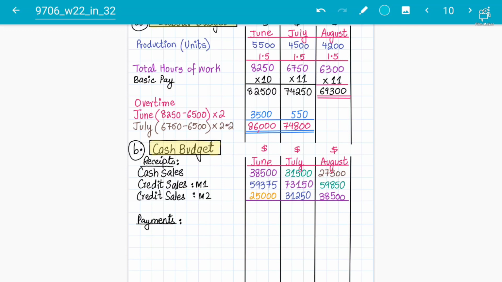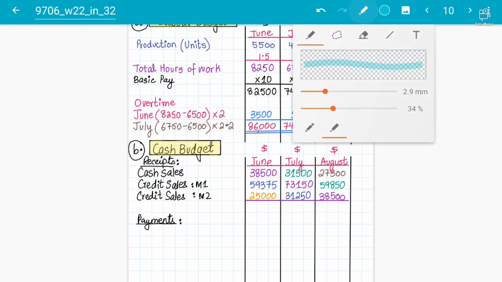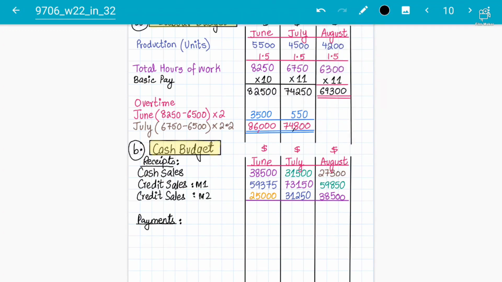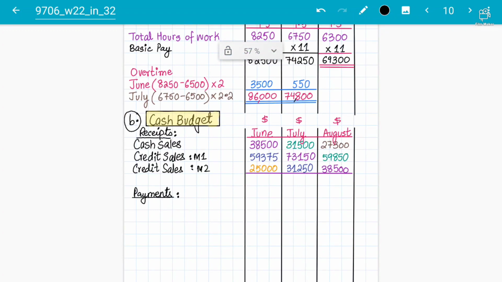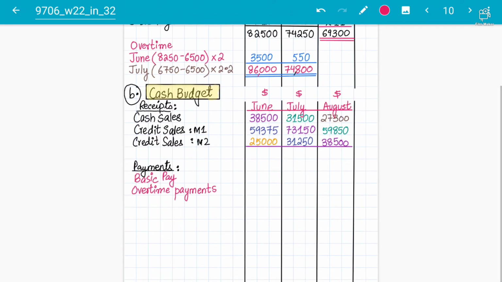The labor budget tells how much the wages of the labor are for each respective month, and the cash budget tells when you are going to pay these payments. It's a split of two things: the basic pay, and also the overtime payments. So people need to understand that there will be basic payments and overtime payments as well. For this we have space and workings as well.